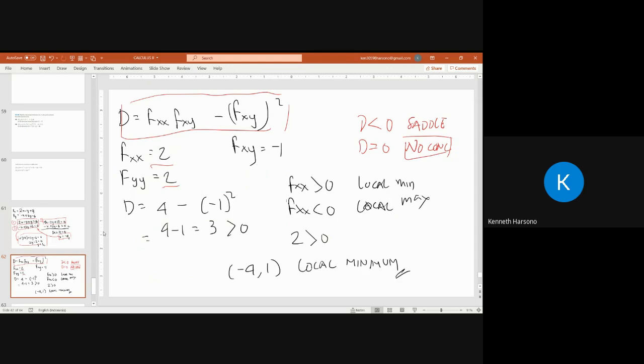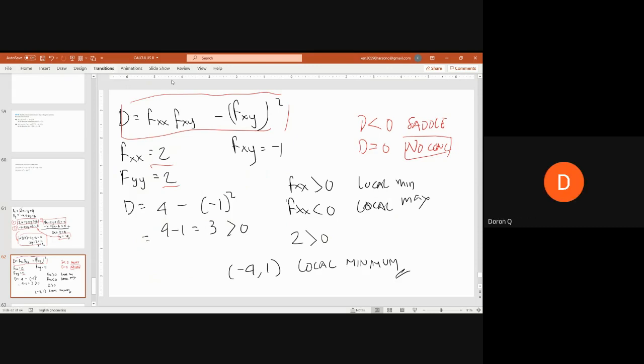Okay, do you have any question again for this one? If like 2 for the fxx, if 2 is greater than 0, isn't that the local minimum? Oh, sorry. After we find the fxx, we find 2, right?